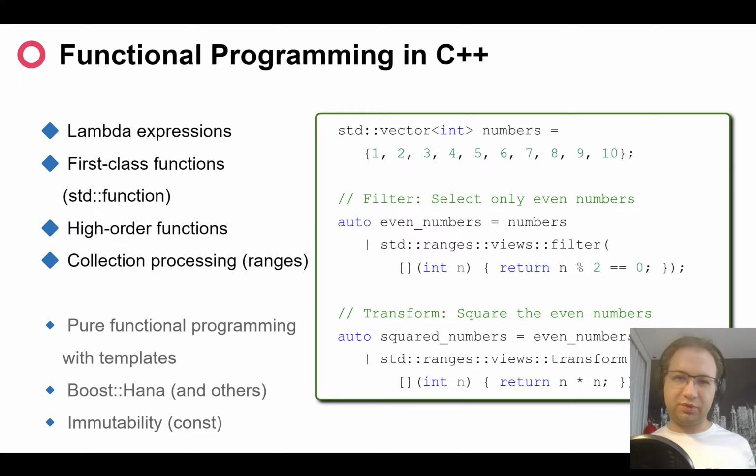Also, C++ has a rich story regarding real functional programming, like hardcore functional programming. Eric Niebler implemented a library that is called ranges. Actually, we can even trace the idea to earlier implementations, and some of them even exist in the Boost libraries.